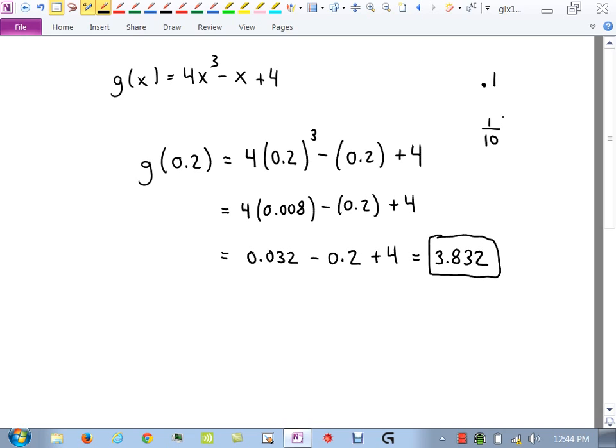If I do that cubed, that's a tenth times a tenth times a tenth. Across the top you get 1 times 1 times 1, that's 1. Bottom 10 times 10 times 10, that's 1,000. So you get 1/1000th, which turns out to be 0.001.